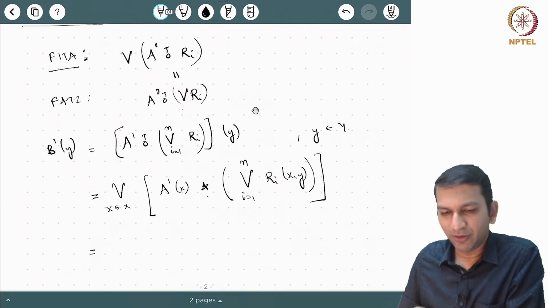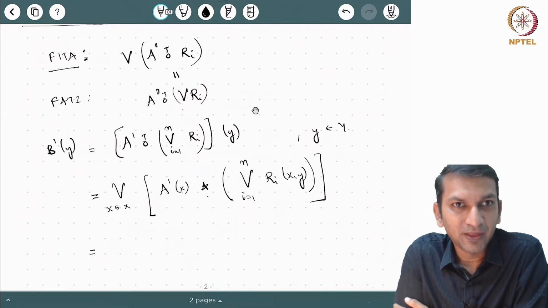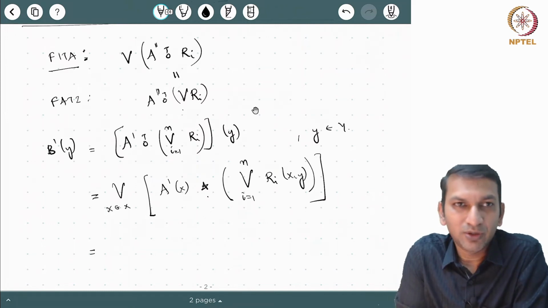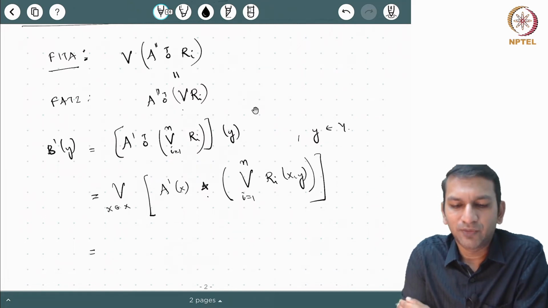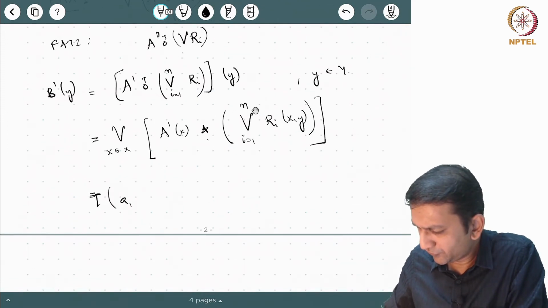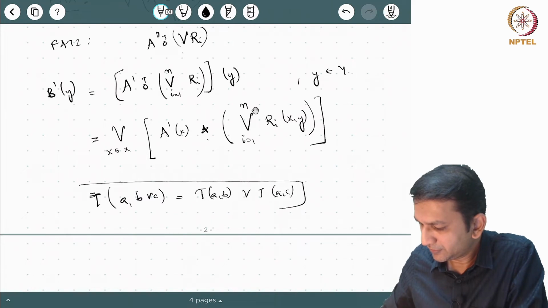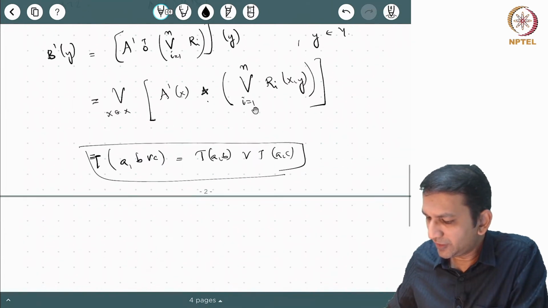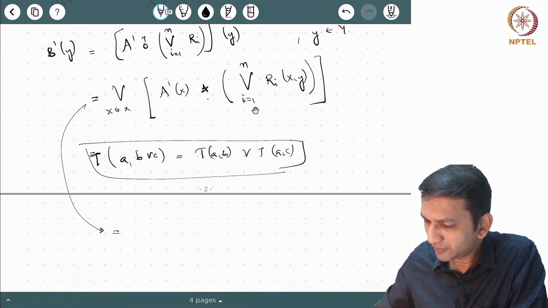Now the star is a t-norm. We know that t-norm is increasing in both the variables. So by monotonicity and also otherwise, it can be shown that any t-norm is distributive over max, which means T of A, B or C is equal to T of A comma B or T of A comma C. So using this distributive equation, we can rewrite this by pulling out this quantity.